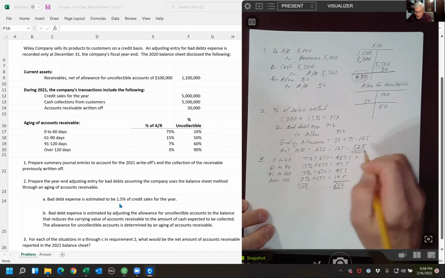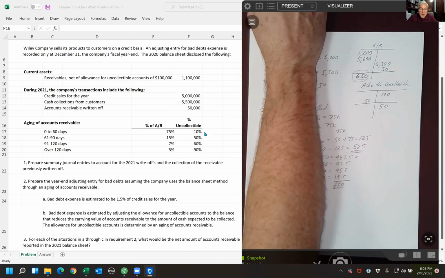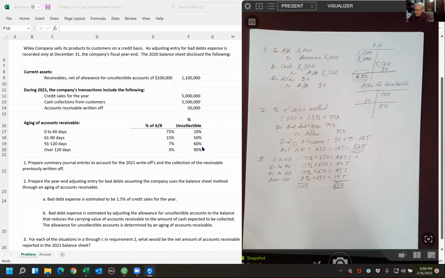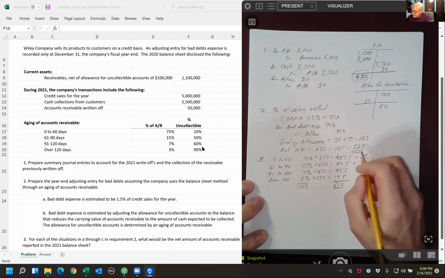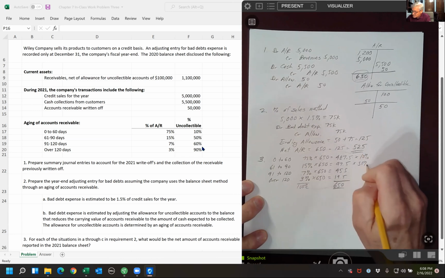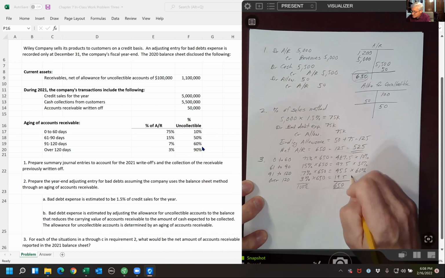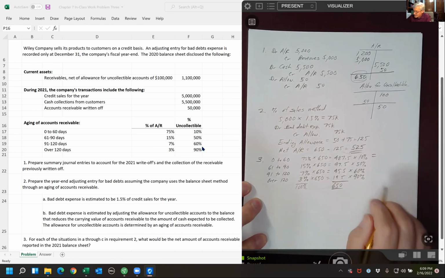All right. We know that here, I'm looking at this, what percent is uncollectible for each of these categories, 10, 50, 60, and 90. So let's go calculate this out.